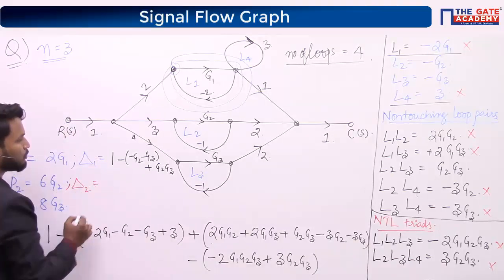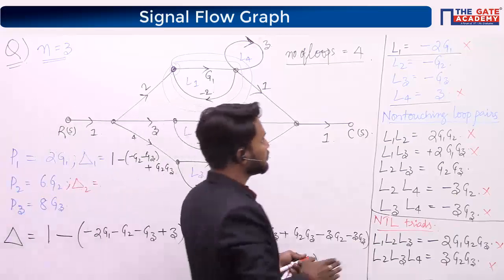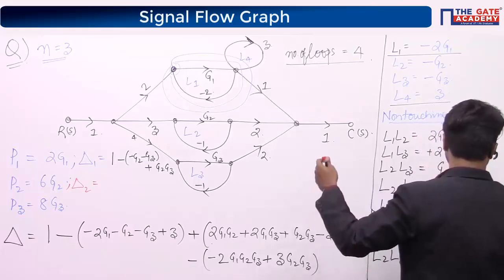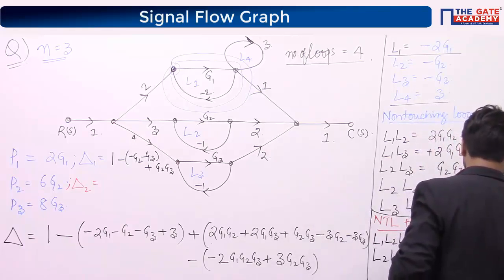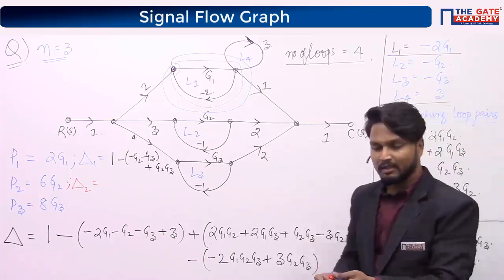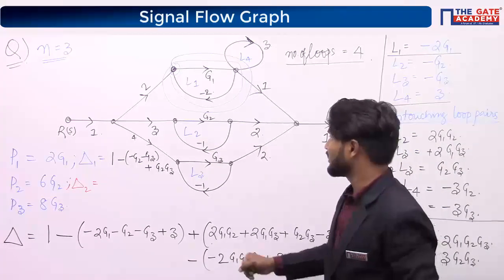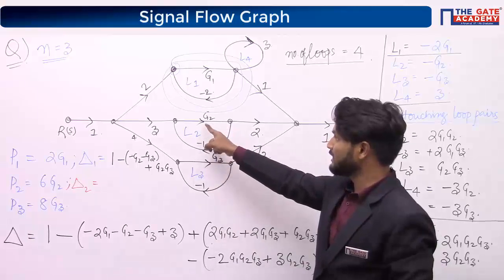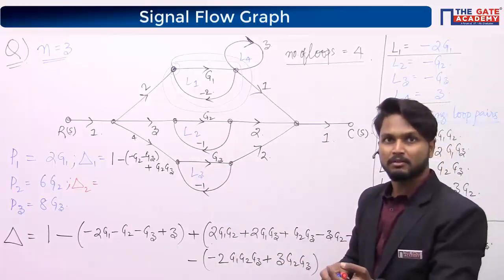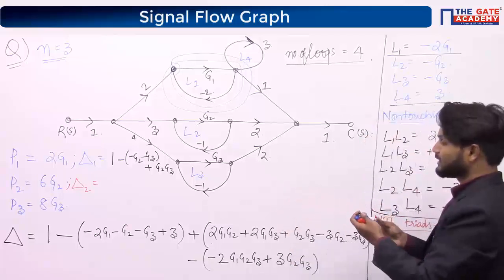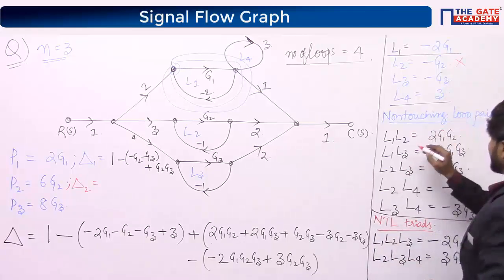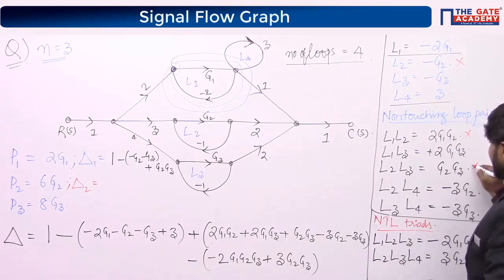Delta 2. For calculating delta 2, which loops should you neglect? While calculating delta 2, you should neglect all the loops containing L2. So wherever L2 is present, you will eliminate that. So L2, this you have eliminated. Again, here L2, you will eliminate this. Here L2, you will eliminate this.